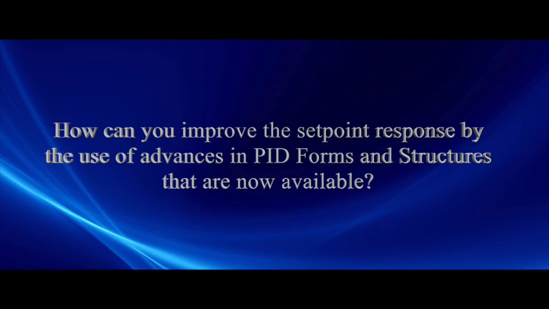Yes, it is going to be an issue converting from a series form to a parallel ISA standard form if you have derivative action. If you don't have derivative action, it pretty much should be the same.